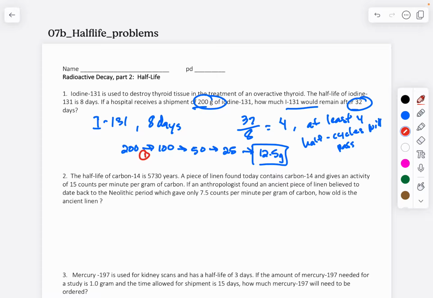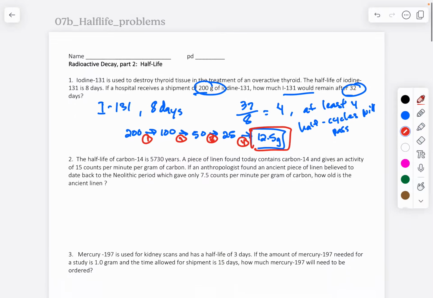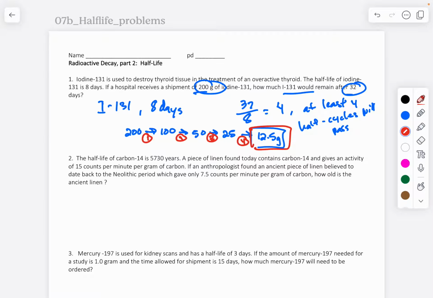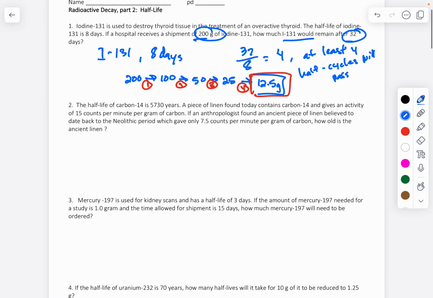This is one half-life cycle, this is 2, this is 3, and this is 4. So after 4 half-life cycles, there will be 12.5 grams left. This is the way you kind of have to think about it. There probably is an equation for calculating half-life. Well, I know there is, but we don't really have to use it. Okay, so let's go to the next one.